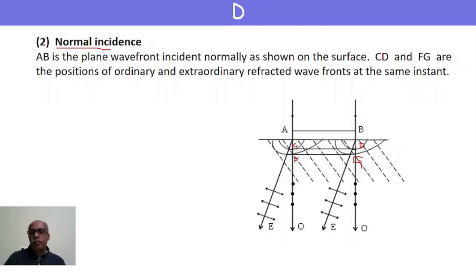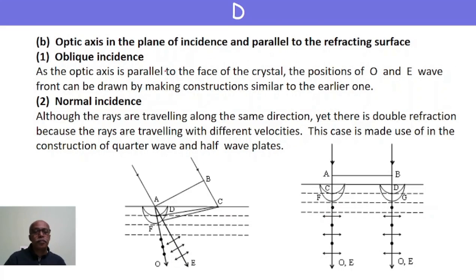Similarly, these two represent the ordinary rays, and these two represent the extraordinary rays. Now, the second case. The optic axis is in the plane of incidence and parallel to the refracting surface.